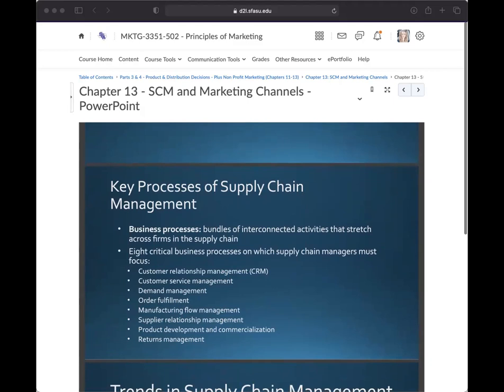These processes look different depending on the product itself, right? So when we look at customer relationship management, often abbreviated as CRM, we want to make sure that companies understand how to relate to their customers and how to find their customers. We've talked a lot about this in previous chapters. And we also want to talk about customer service.